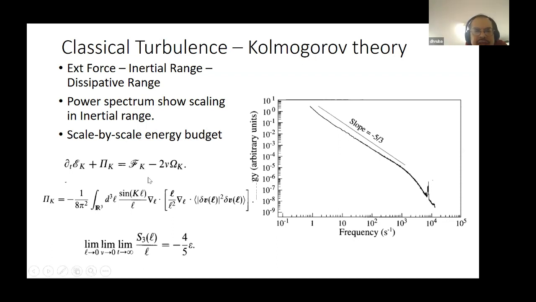Now if you demand that you are in a stationary state, then the first term is 0. If you next demand that you are in a range of scales where the forcing is limited to small wave numbers and your capital K is much larger than those wave numbers, then this F is a constant. And the last term, the contribution from the dissipation, you ignore because you are not yet in the dissipative scales.